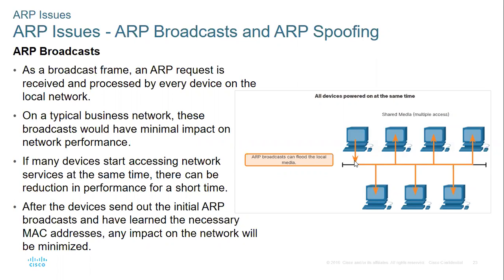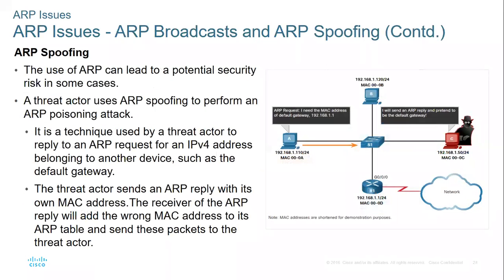Apart from that, with ARP spoofing, you find that the hacker somehow can be connected to this network. Okay? He receives the ARP request, and then he can pretend to be the default gateway, falsifying the IP address of the default gateway.